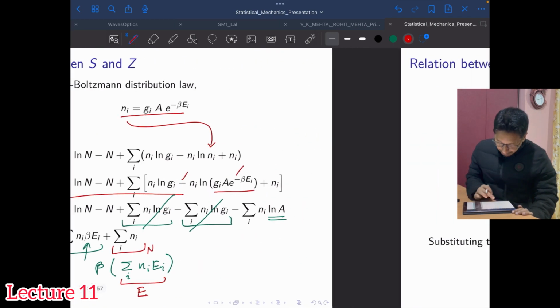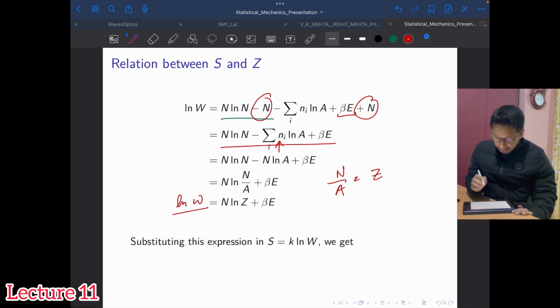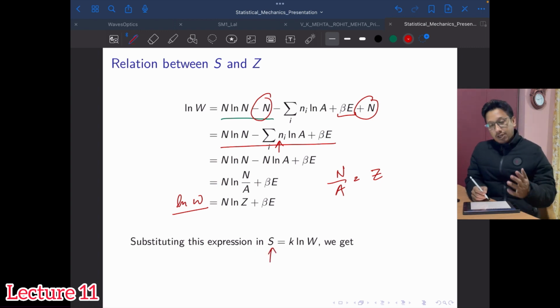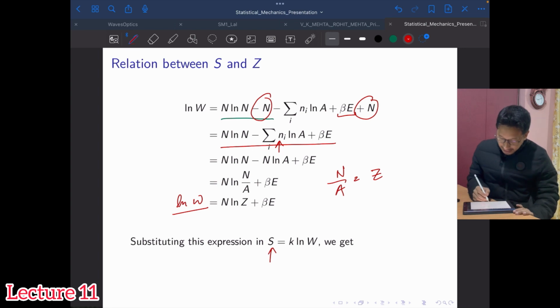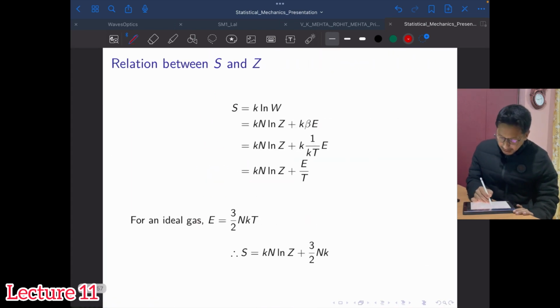So I will have this ln W as n ln Z, beta E. Substituting this ln W back into the entropy expression, the Boltzmann entropy relation S = k ln W, will give me, simply, just substitute.